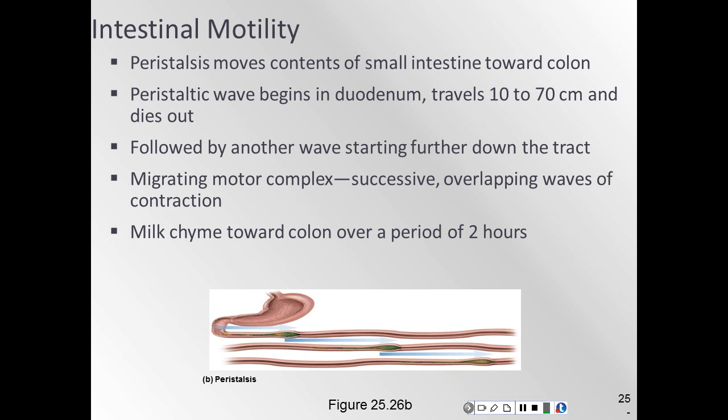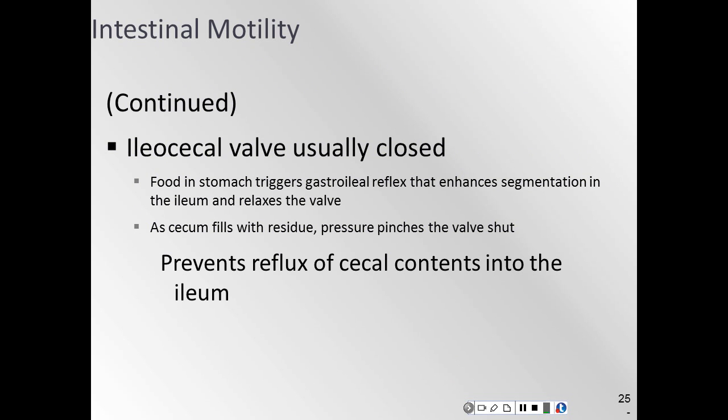Over a period of about 2 hours, they move the chyme toward the colon. A second complex then expels the residue and bacteria from the small intestine, thereby helping to limit bacterial colonization. Now, the refilling of the stomach at the next meal suppresses peristalsis and reactivates segmentation.